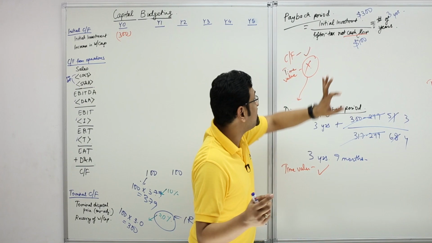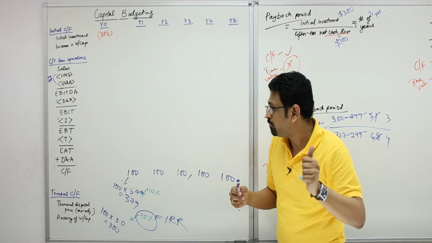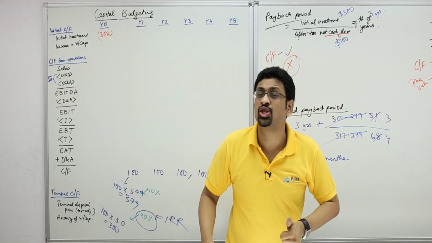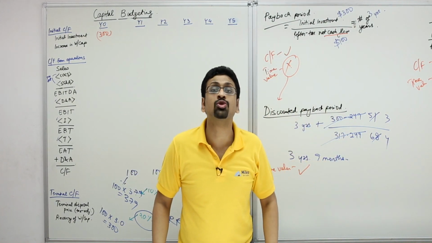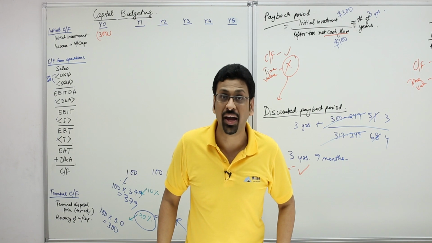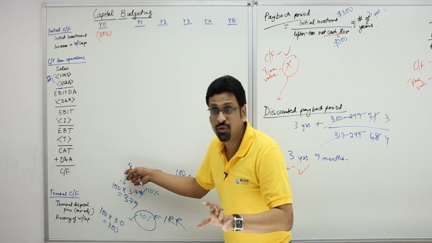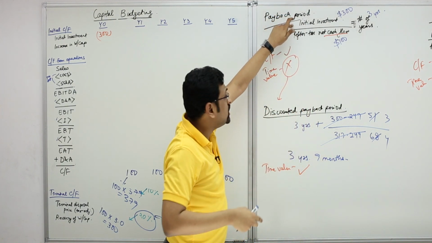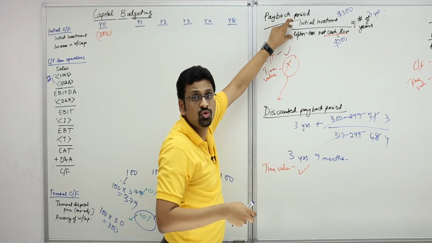So once again, it's the same formula. Okay, first thing, we are looking at even cash flows. Only when it's even cash flows can you do this shortcut method. You don't have to use Microsoft Excel to calculate IRR. So even cash flows, use the same formula as you have here. Initial investment by after tax net cash flows.